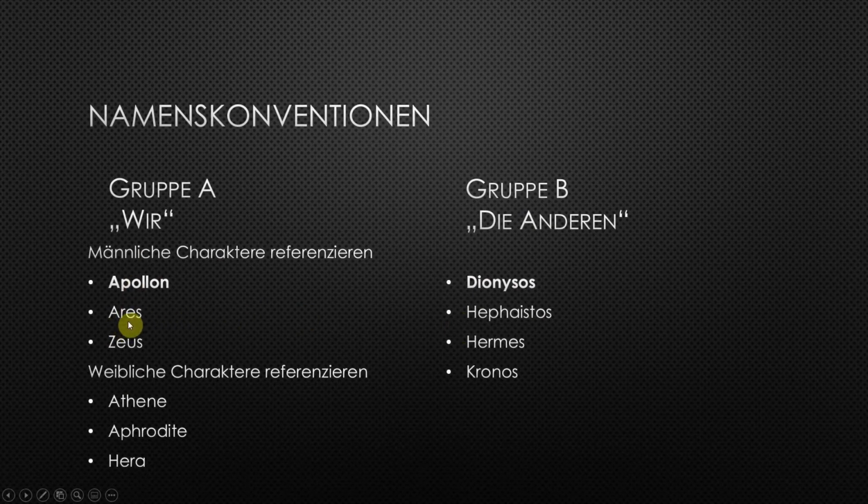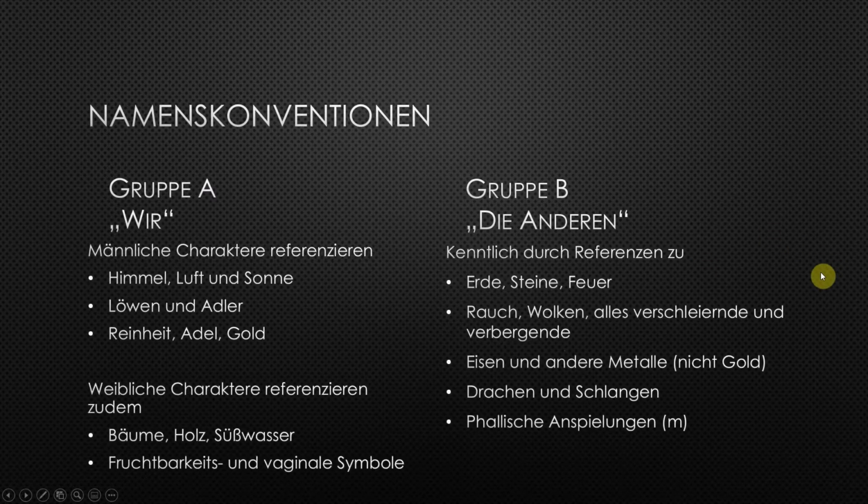And Ares, Zeus, Athene, Aphrodite, and Hera are all representative for group A, for us, and Hephaestus, Hermes, or Cronus are representatives of the other. And the same applies to the Roman gods, which are an equivalent to the Greek gods.